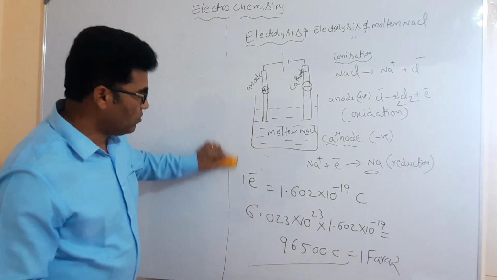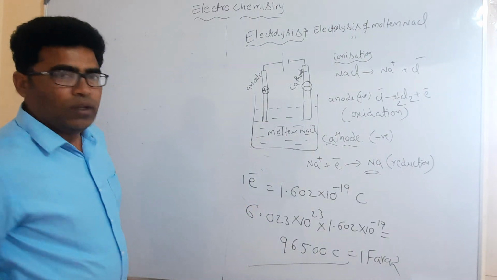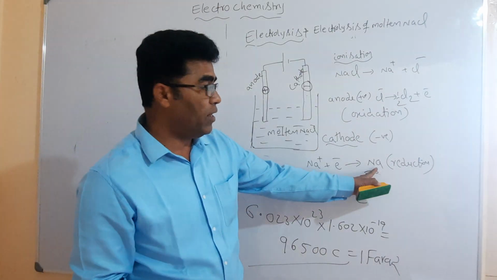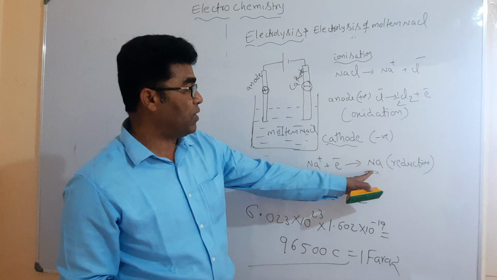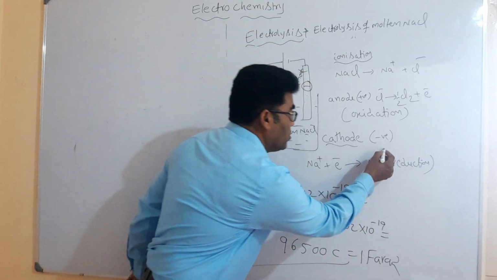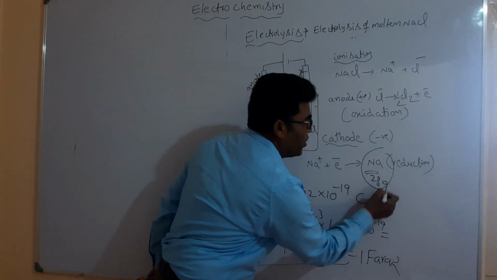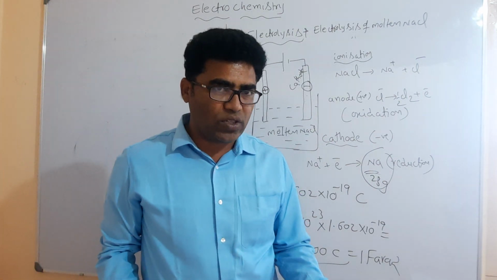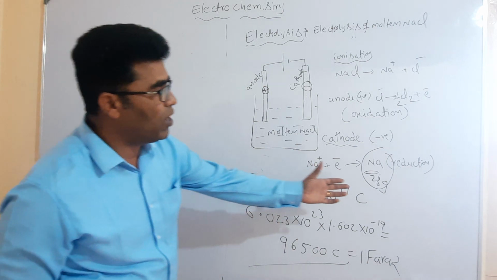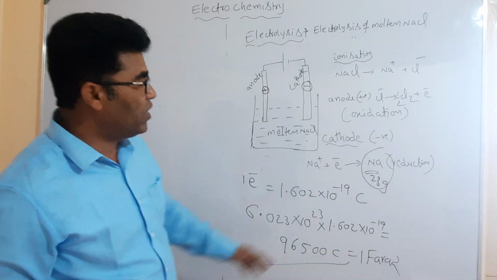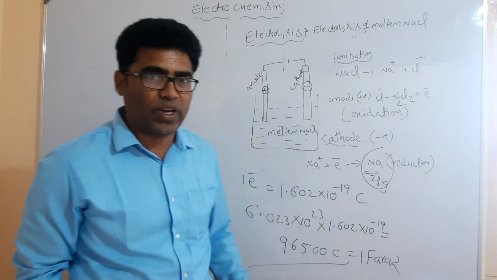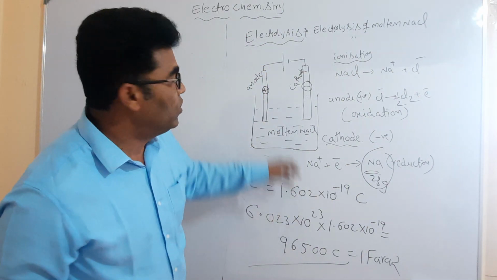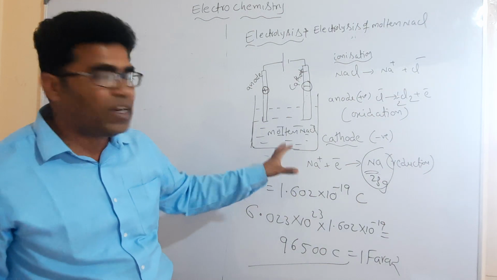Now suppose here, when electricity is passed, 23 gram sodium is deposited. The question is, for the deposition of 23 gram of sodium, how much electricity has to be passed through the molten NaCl?